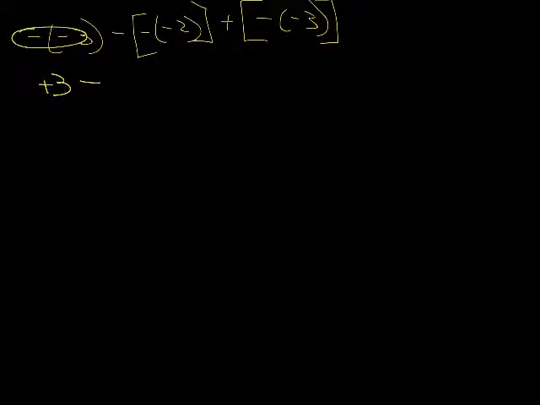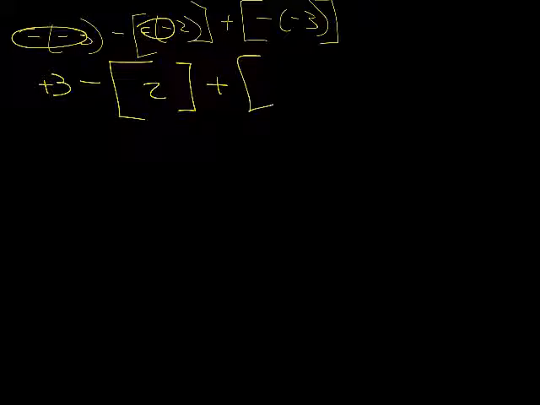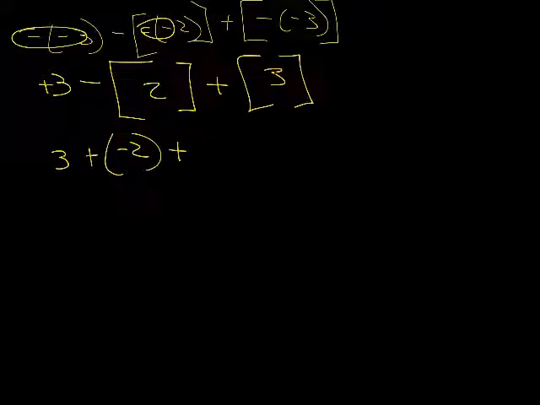Let's just leave that and let's go inside the bracket. 2 negatives give you a positive 2. 2 negatives give you a positive 3. Now we're going to make this a 3 plus negative 2 plus 3.